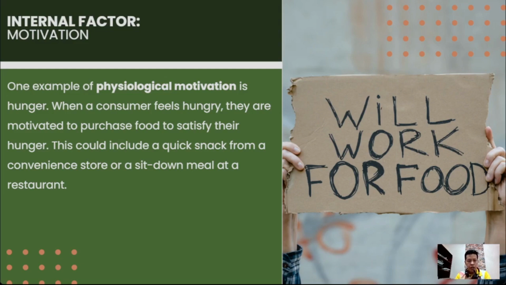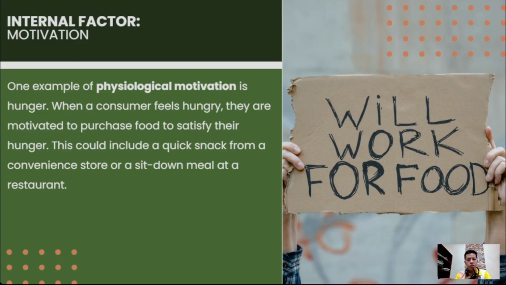This could include a quick snack from a convenience store or a sit-down meal at a restaurant. Or probably when you're hungry and pass by a 7-Eleven store, then it could be a way by which you satisfy such a kind of physiological motivation.